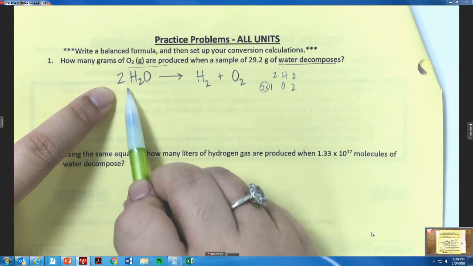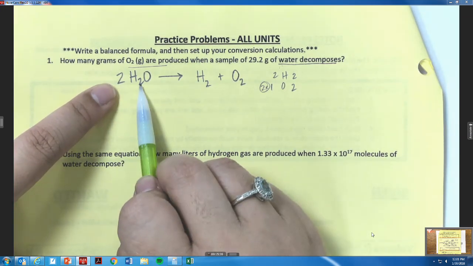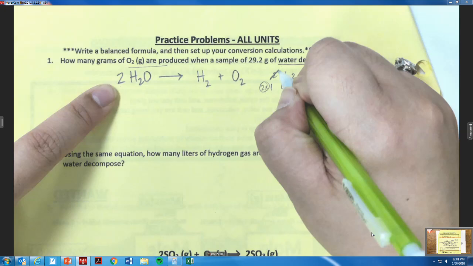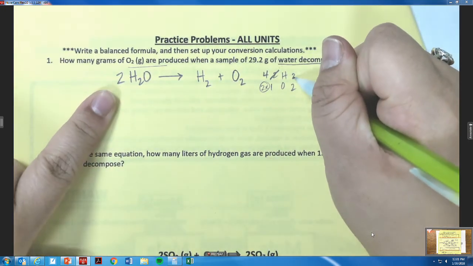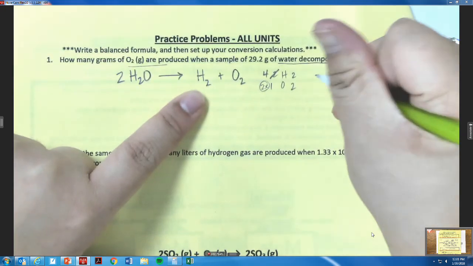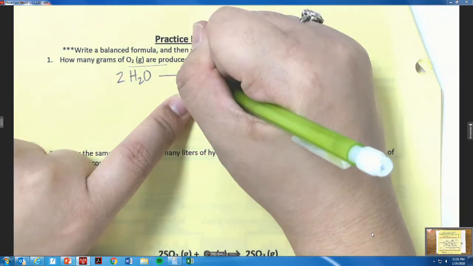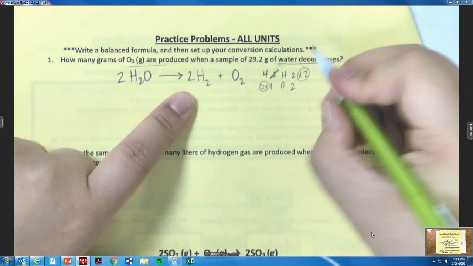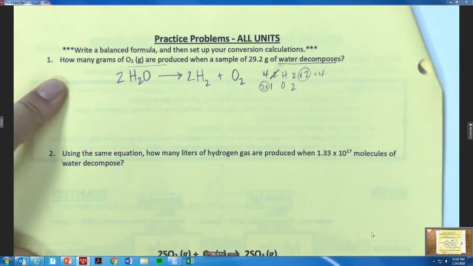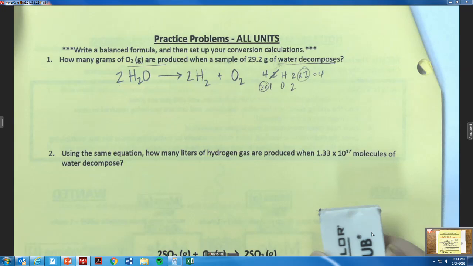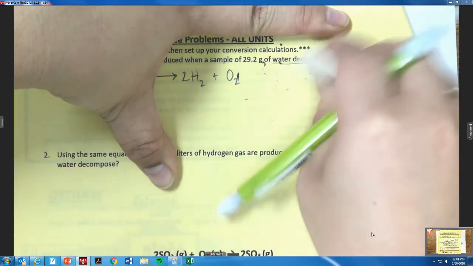Because I put a 2 there, that changes the number of hydrogens to 4 hydrogens. So on my product side, I'm going to have to multiply this side by 2 also. Okay, so I now have a balanced chemical equation. I'm just going to erase this for the sake of space.